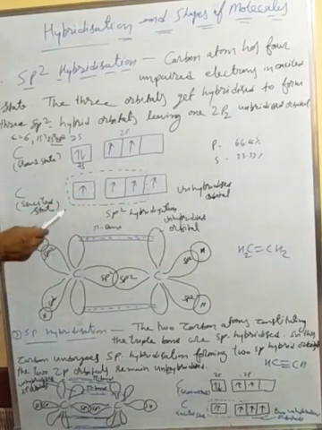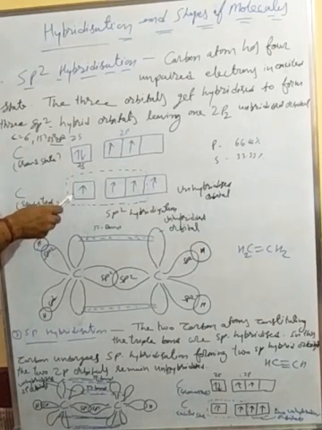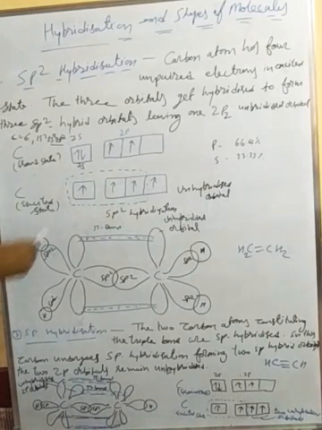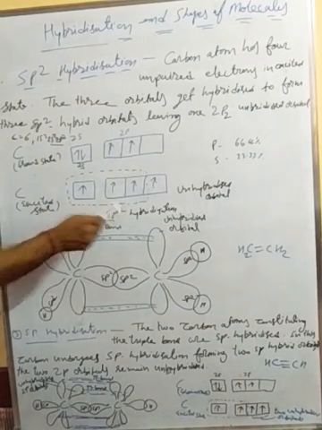But here hybridization will be only one s orbital and two p orbitals, so they form three sp2 orbitals. That's why it is called sp2 hybridization.